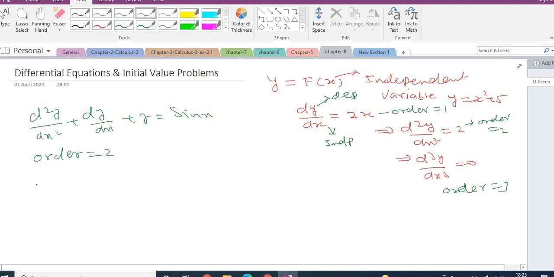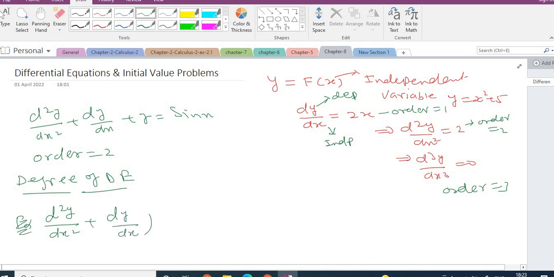If you want to find the degree of the differential equation, the degree is nothing but the power of the maximum order derivative. Suppose d2y dx2 plus dy dx power 2 plus y is equal to sine x is given.